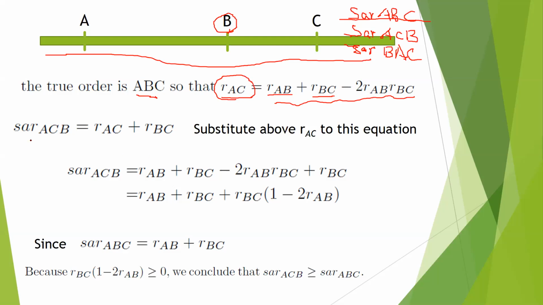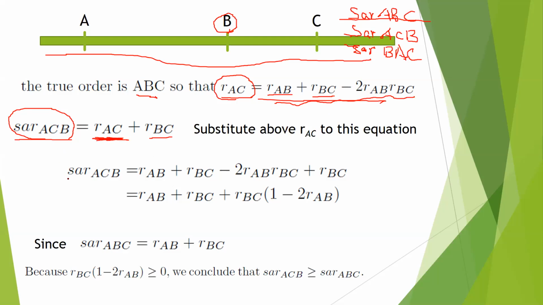All right, now let's calculate SAR ACB. SAR ACB, based on the definition, should be equal to RAC plus RBC. Any problem here? Any questions here? This is by definition. So if we want to calculate the SAR ACB, that's the definition. And now we can substitute this thing by this, okay?